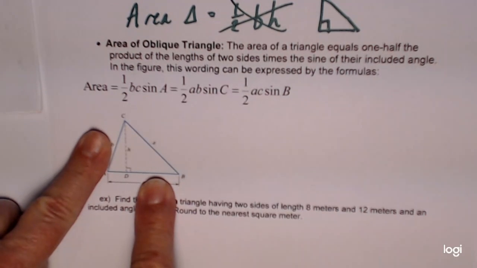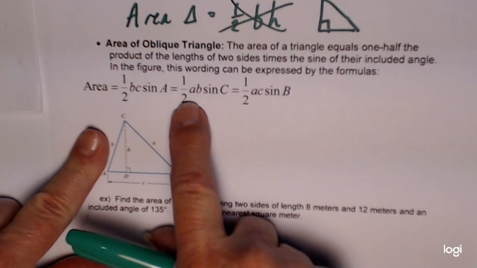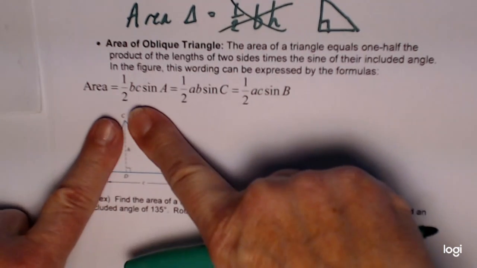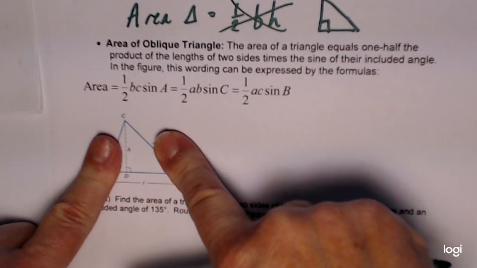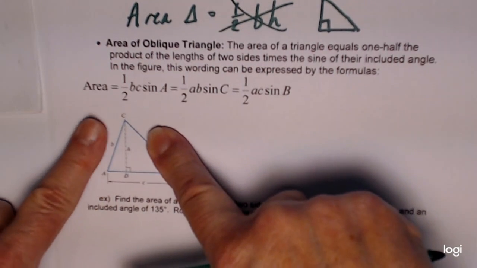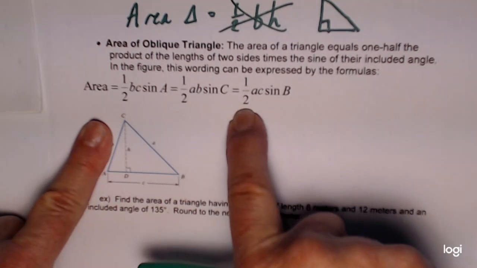Another version, same formula, and they all would give us the same answer, that the area is 1/2. Now we're looking at side A and B, so we're looking at side A here and side B, and we can see that's going to be multiplied by the sine of the angle that's included between A and B, which is C. Last version, 1/2.